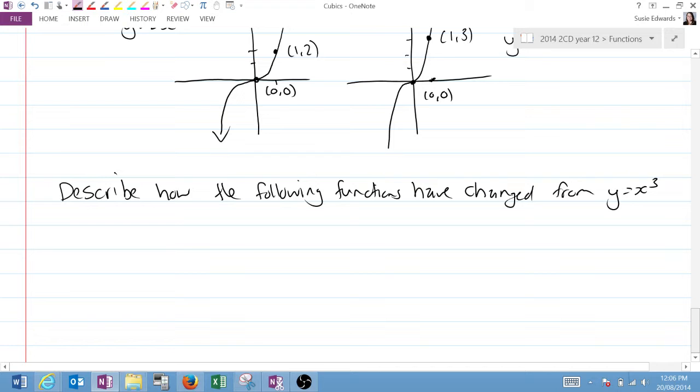So, instead of y equals x cubed, what's changed? To that, what's changed? To that? That's probably all we need to do. We'll just look at those two. So I'll just let you finish writing and then we're going to answer those questions. So can you guys try and answer them for yourself? What's changed?